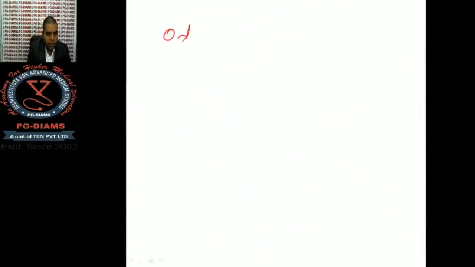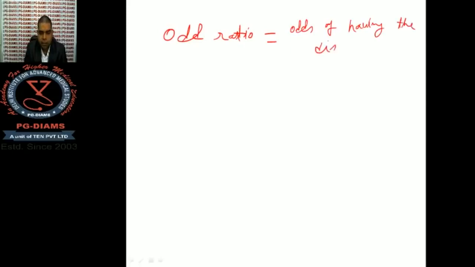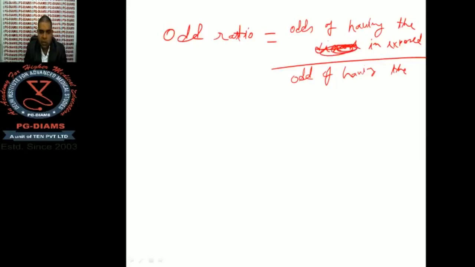What is odds ratio? Odds ratio is again odds of having the disease in exposed, divided by odds of having the disease, odds of having the exposure in diseased, because here you are measuring exposure.